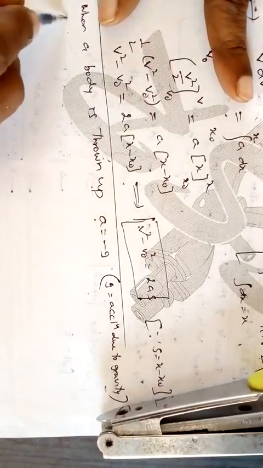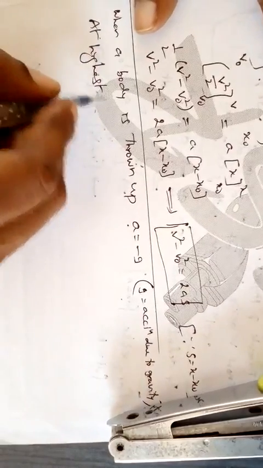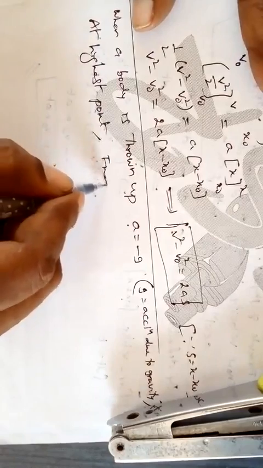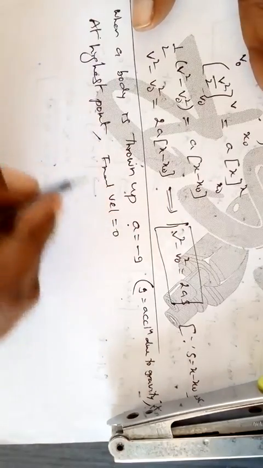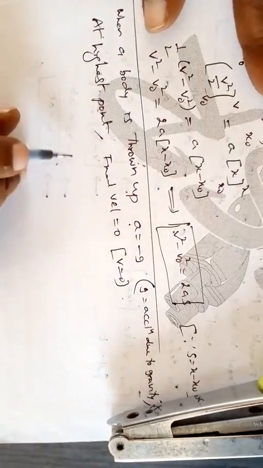One more point, these are all fundamentals. At the highest point, when a body is thrown up, final velocity is 0, means v is equal to 0. You have to remember that point.